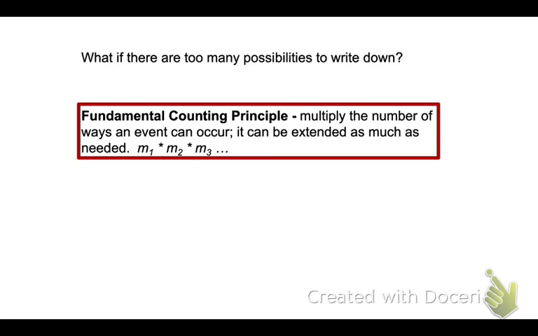The fundamental counting principle is you multiply the number of ways an event can occur. It can extend as far as you need it.